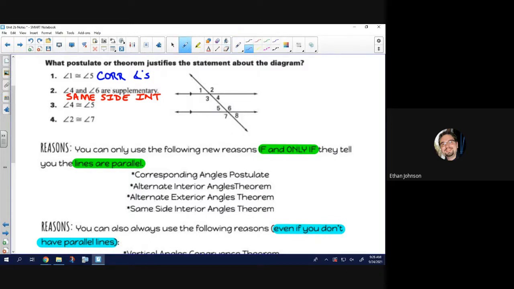Next is angle 4 is congruent to angle 5. Well, they're both inside, but they're on opposite sides of that transversal. So that is our alternate interior angles.